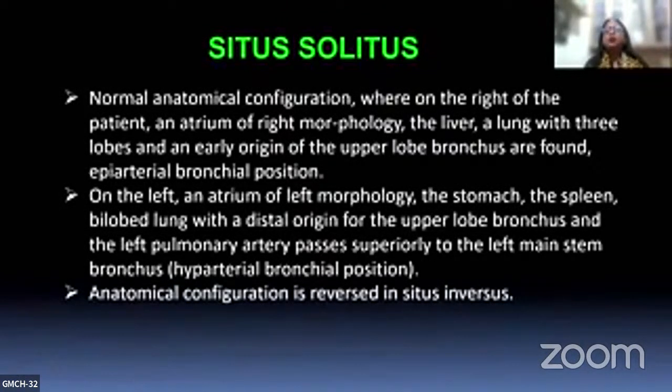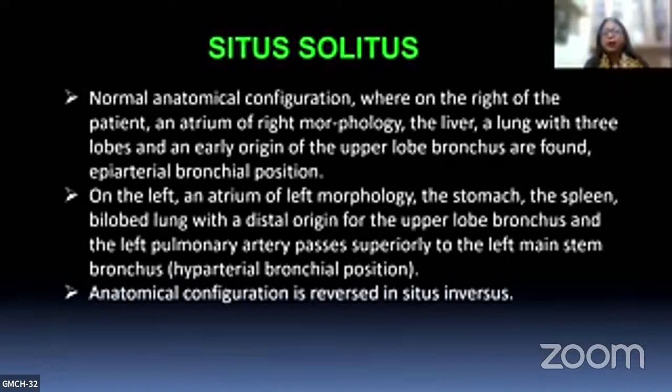In the abdomen, the liver will be on the right side, the spleen will be on the left side, the lung with 3 lobes will be on the right side with an eparterial bronchial anatomy, and on the left side will be a bilobed lung with a hyparterial bronchial anatomy, where the bronchus will be lower down the artery.